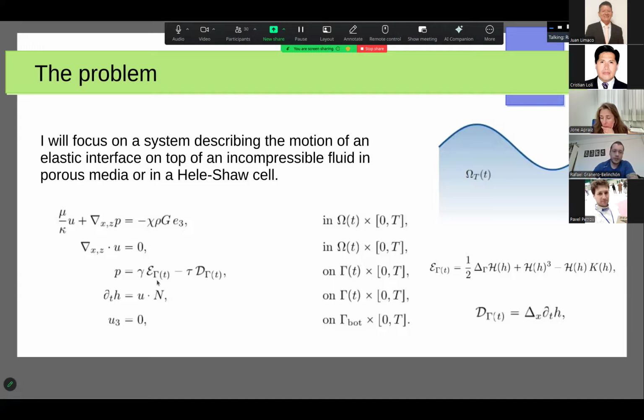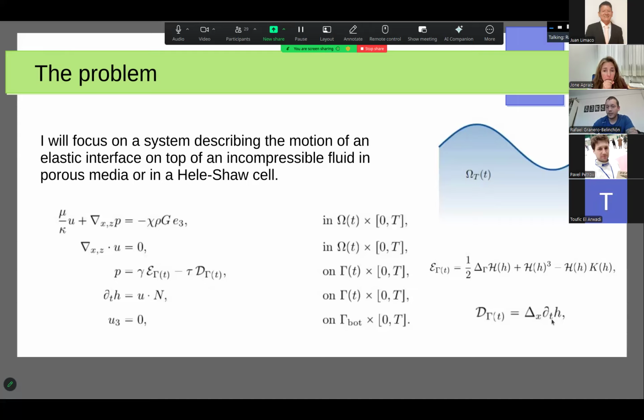This is a pure elastic motion, and it is assumed that the elastic solid also has a certain damping mechanism. And the damping mechanism is modeled by the Laplacian of the time derivative of h.